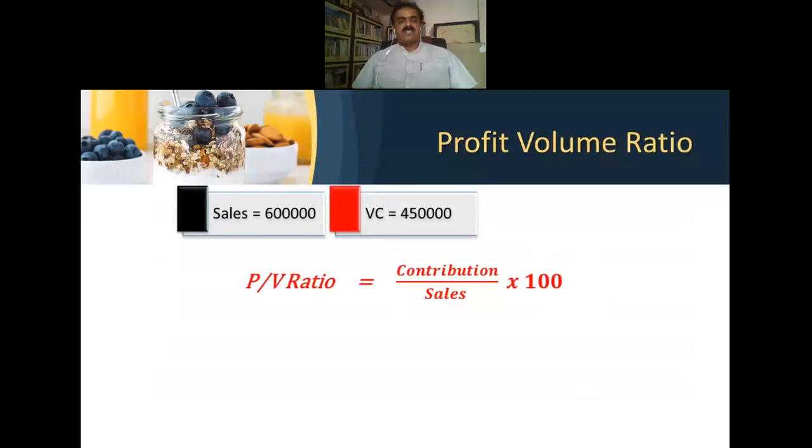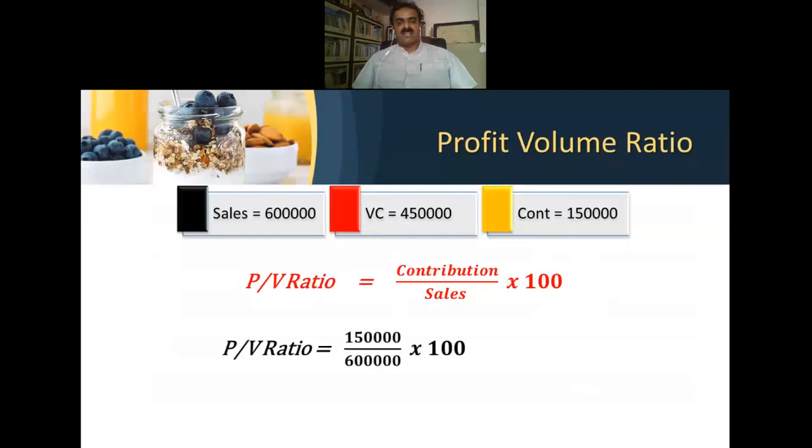Therefore, sales minus variable cost comes to contribution, that is 1.5 lakh. By substituting these values in the formula, 1.5 lakh over 6 lakhs into 100, you'll get 25%. That is called profit volume ratio. This profit volume ratio will always be expressed as a percentage.